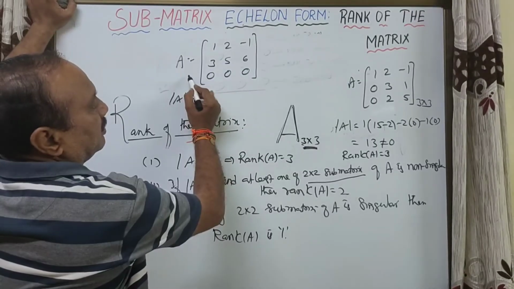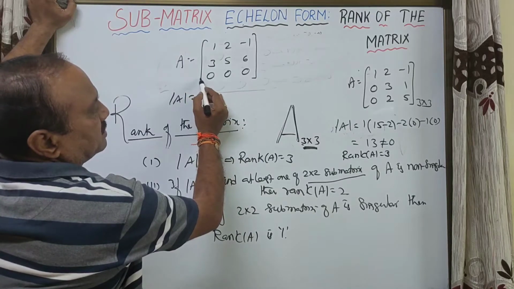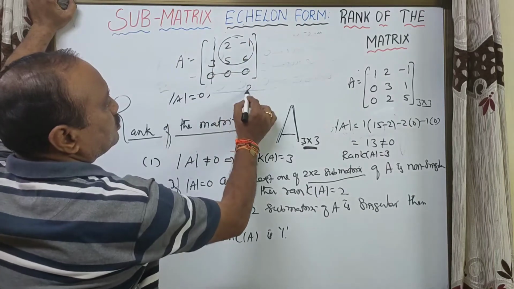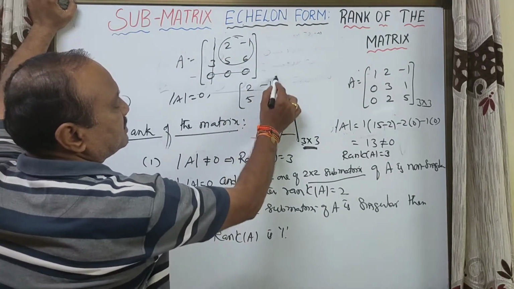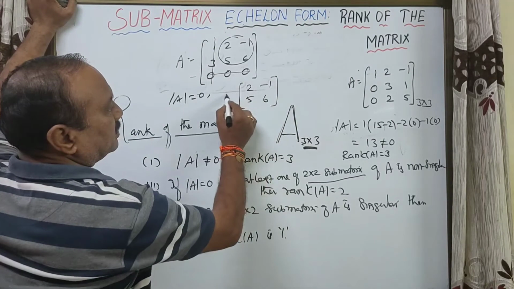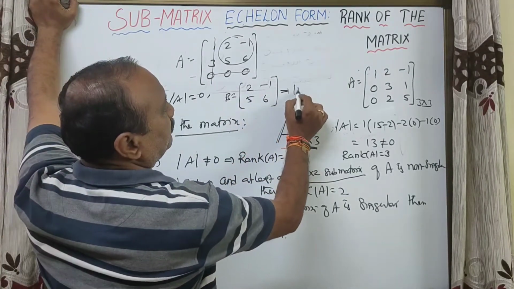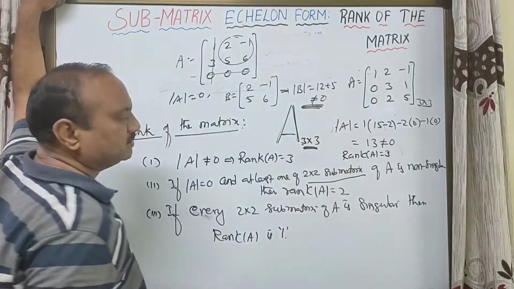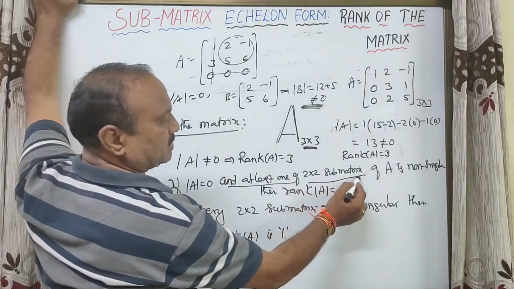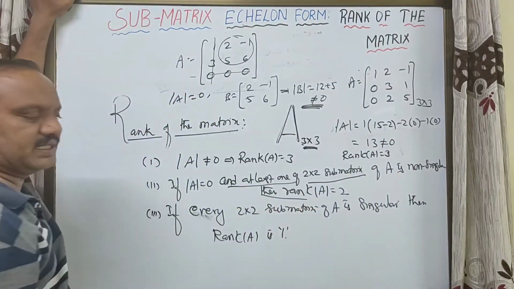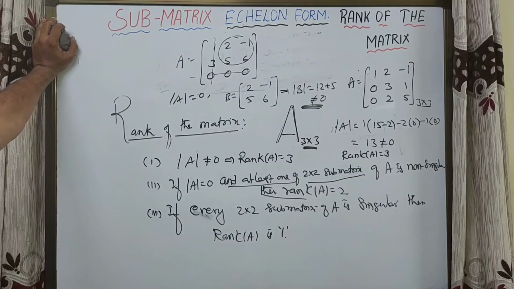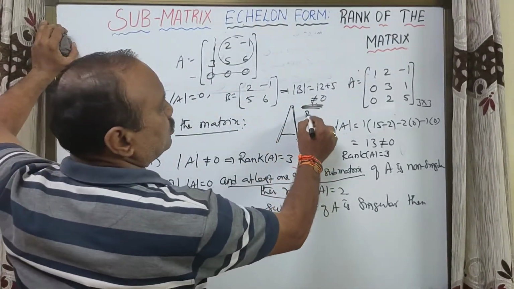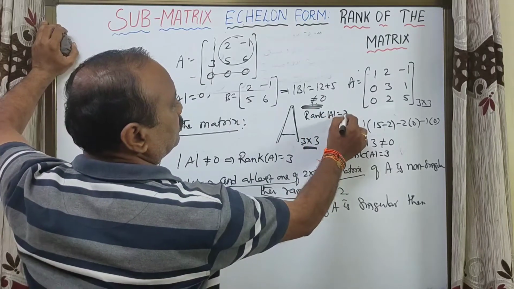See, if you delete R3 row and C1 column, we have the submatrix 2 minus 1, 5 6. What is its determinant? That equals 12 plus 5, not equal to 0. At least one 2 by 2 submatrix of A is non-singular, then rank of A equals 2. So rank of this matrix is 2, students. Rank of A equals 2.